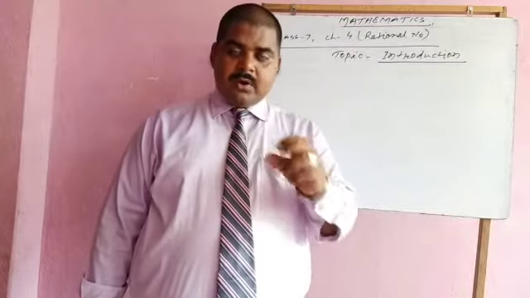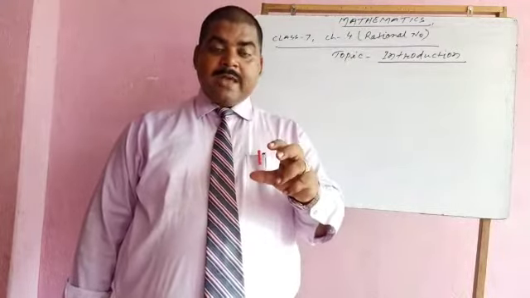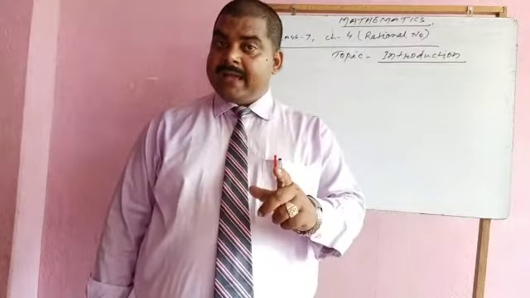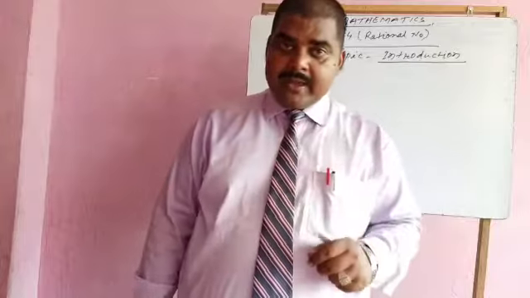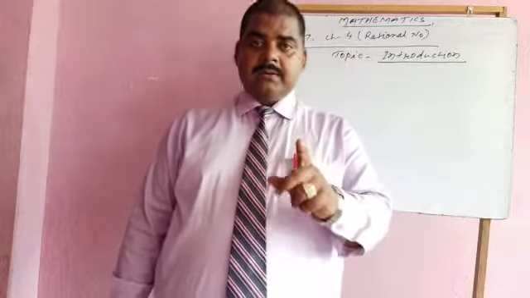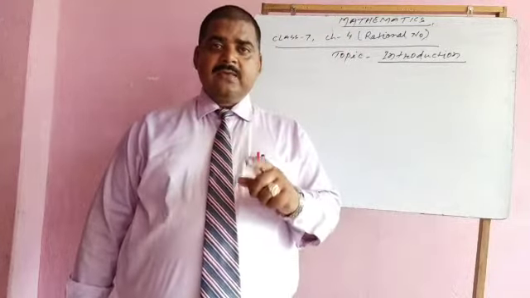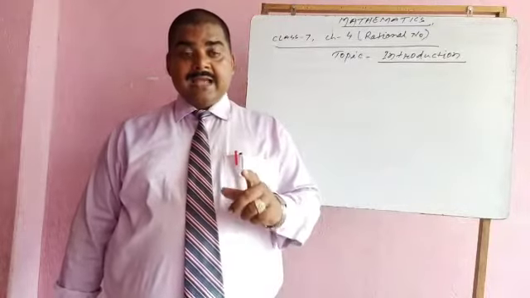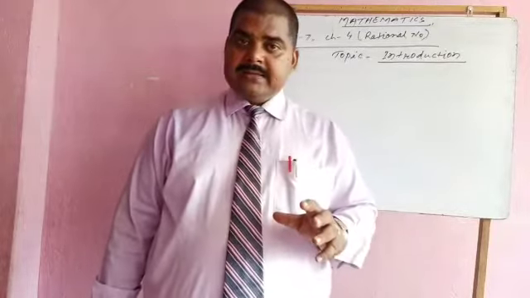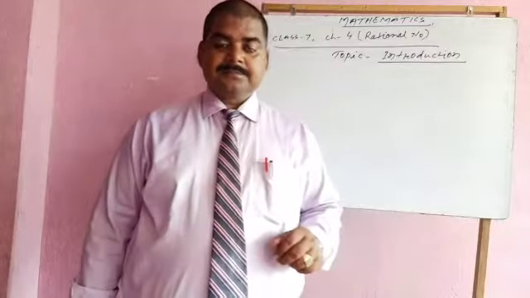The symbols or notations used to express numbers are known as digits, and they are 0, 1, 2, 3, 4, 5, 6, 7, 8 and 9. How many digits are there? 10 digits.